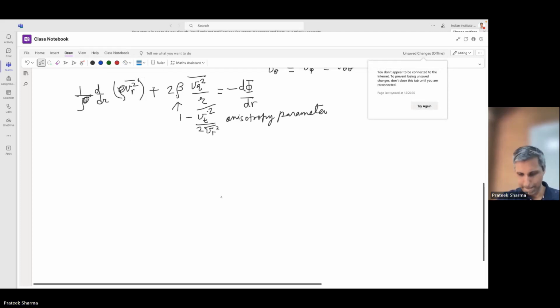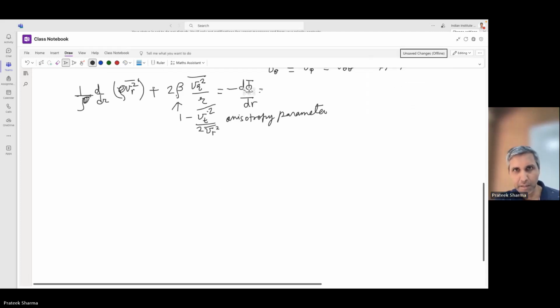And this is equal to minus G M enclosed of r by r squared, right? This is just gravitational acceleration. So by looking at your velocity spreads and the anisotropy of your velocity dispersion, you can actually calculate the enclosed mass in a spherical system.